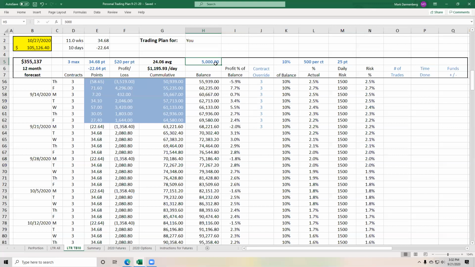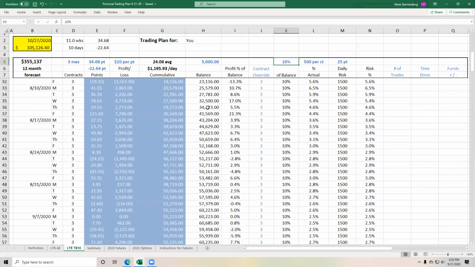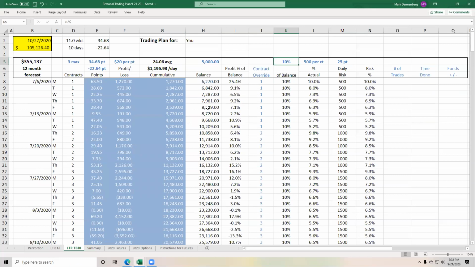So with that in mind, we set a limit. And we say we do not want to allocate more than 10% of the balance of our account to margin. So if we start with $5,000 and we know that margin is $500, 500 would be 10% of 5,000. It means that our trading plan has said you can only trade one contract at this point.